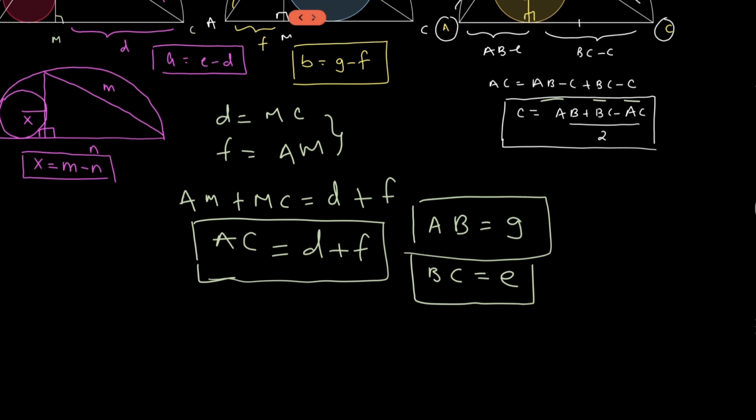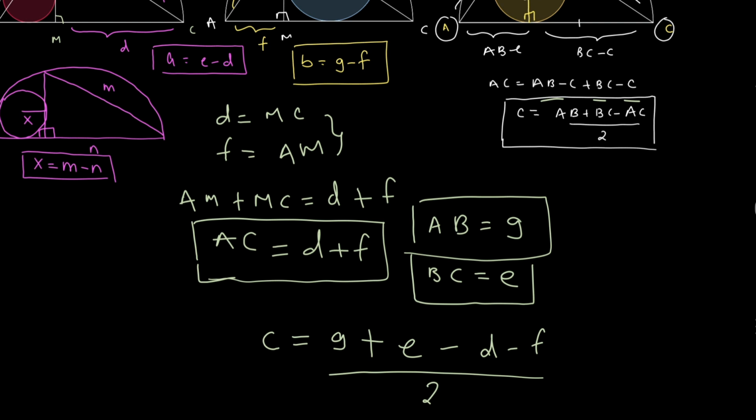So we will get the radius C equal to, now instead of AB we have G plus BC, so instead of BC we will put E minus AC, so instead of AC we have D plus F, therefore minus (D plus F). And now if we open the brackets, we will get negative D negative F, and all of this divided by 2. Now we will just assemble this thing.